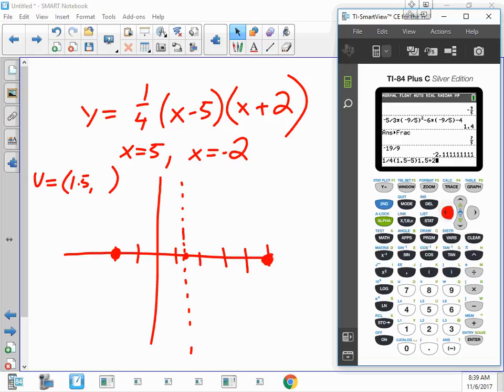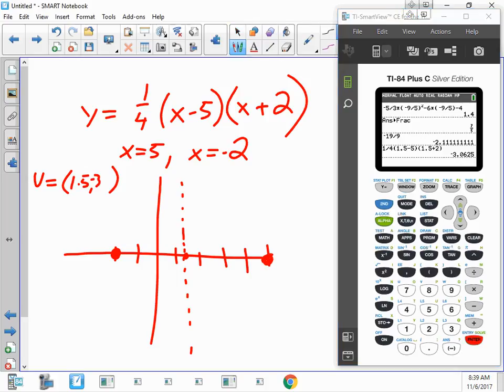Sorry. There we go. And I get -3.06. The graph is going to go right 1.5 and down 1, 2, 3, and just a little bit.